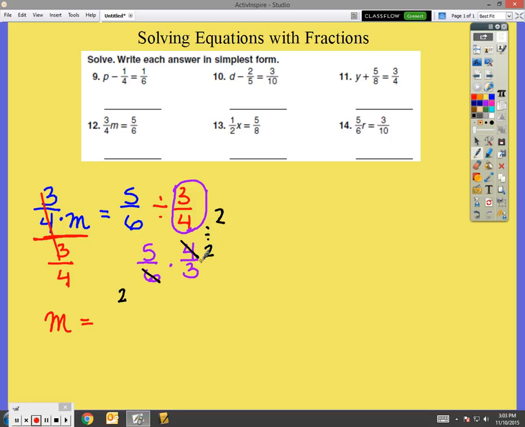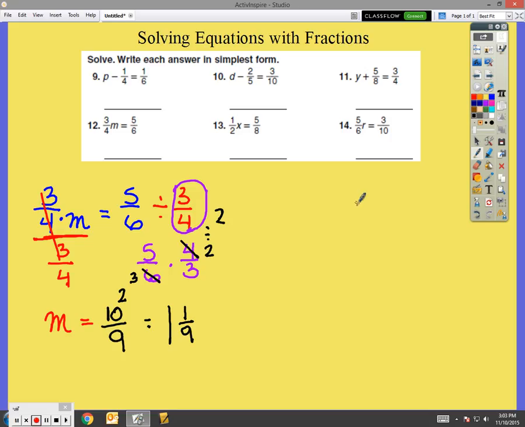So the new numerator above the 3 is now 2. Let's go 6 divided by 2. The new denominator below the 5 is 3. We now go 5 times 2 is 10. 3 times 3 is 9. So we have 10/9, and that is also equal to 1 and 1/9.